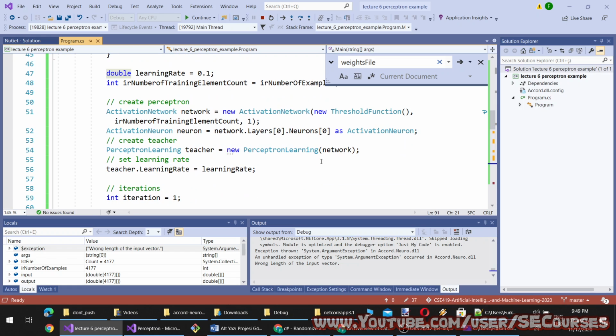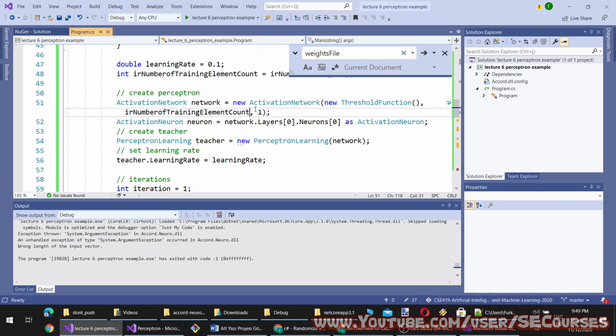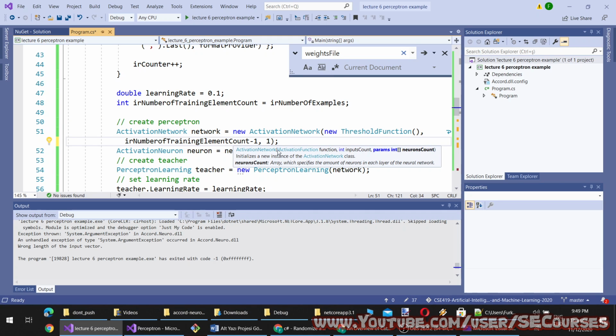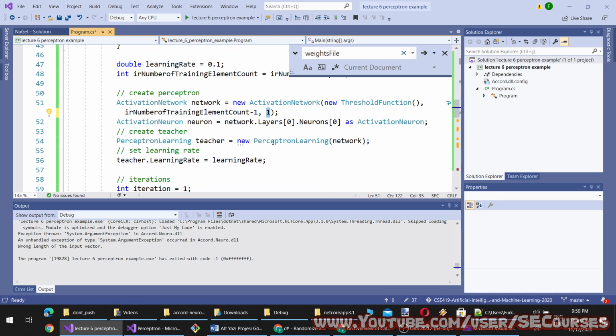I think we need to provide -1 here. And we are currently doing with only one layer of one perceptron, one neuron. Okay, we are just doing with one perceptron right now.